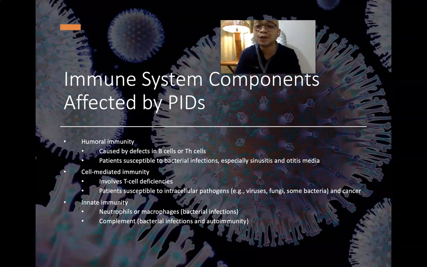As we all know, B cells will eventually become plasma cells, and plasma cells are important for the production of antibodies. Therefore, if you are deficient in B cells, you wouldn't expect your body to produce a normal amount of antibodies. In this particular case, patients would be susceptible to bacterial infections, especially sinusitis or otitis media.